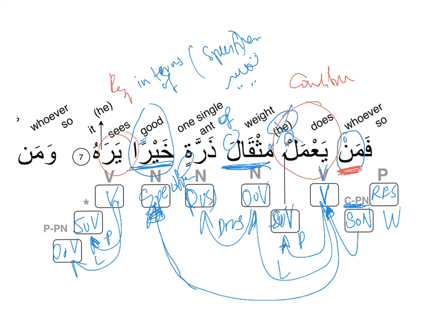So this is the response verb. Okay, and therefore if you want to put an arrow, there's a gap here, right? So you need to put an arrow. This one would go back to ya'mal. Okay, so that's the arrow for the condition and response.